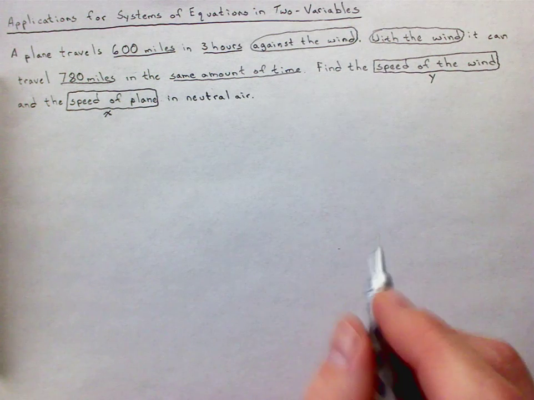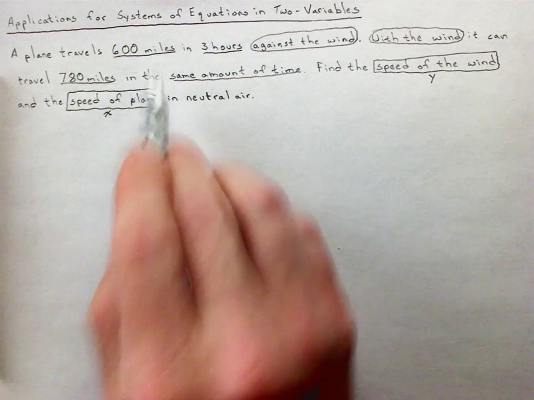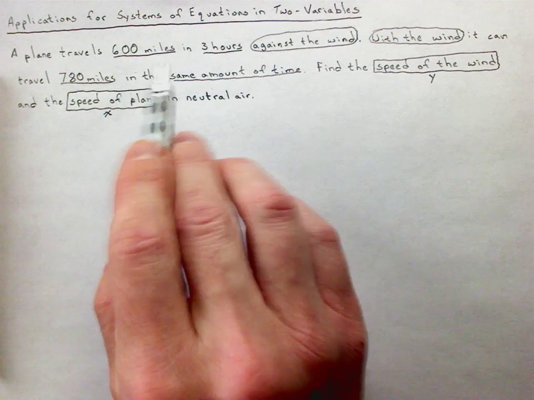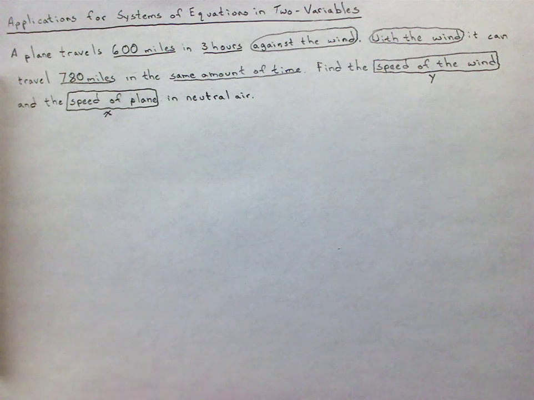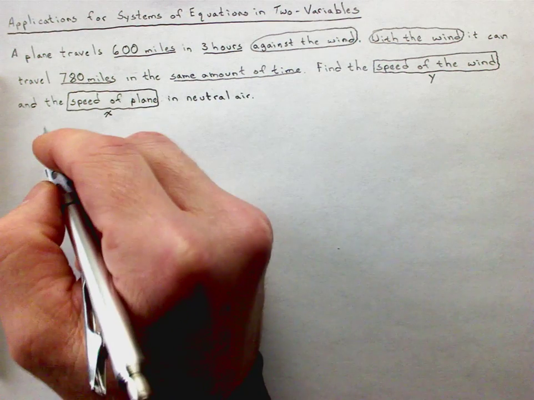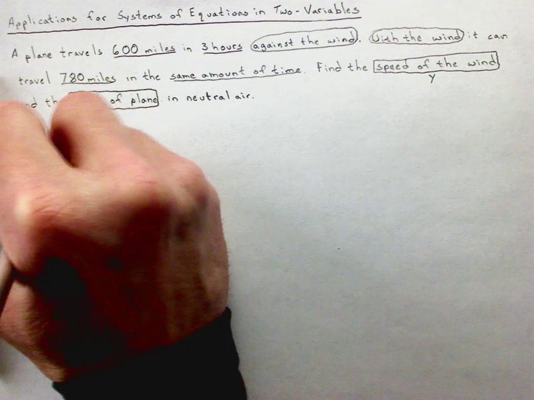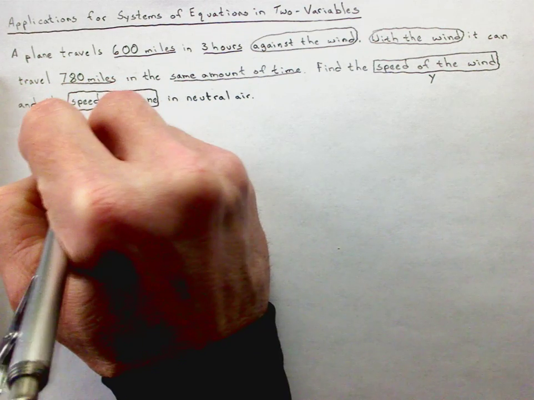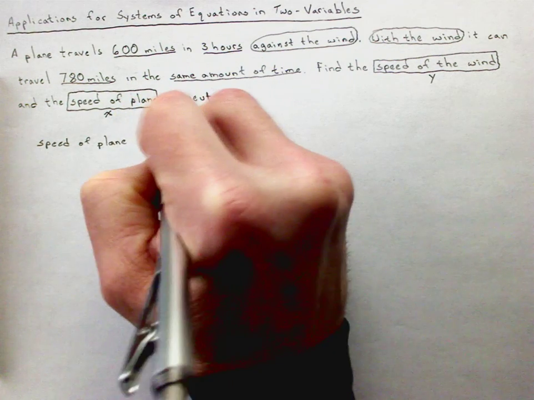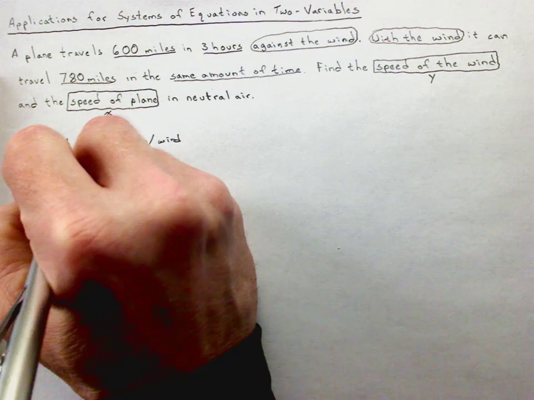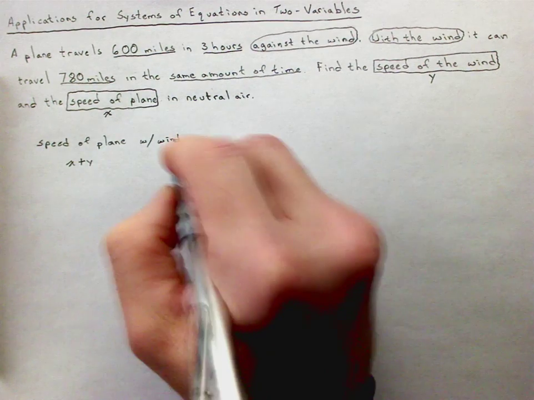In looking at this, we're going to make up a table. I know my variables x and y, and I'm dealing with distance and time. So that's how my stuff is going to correlate. For this type of problem, the speed of the plane with the wind will simply be x plus y, because the plane's going with the wind.